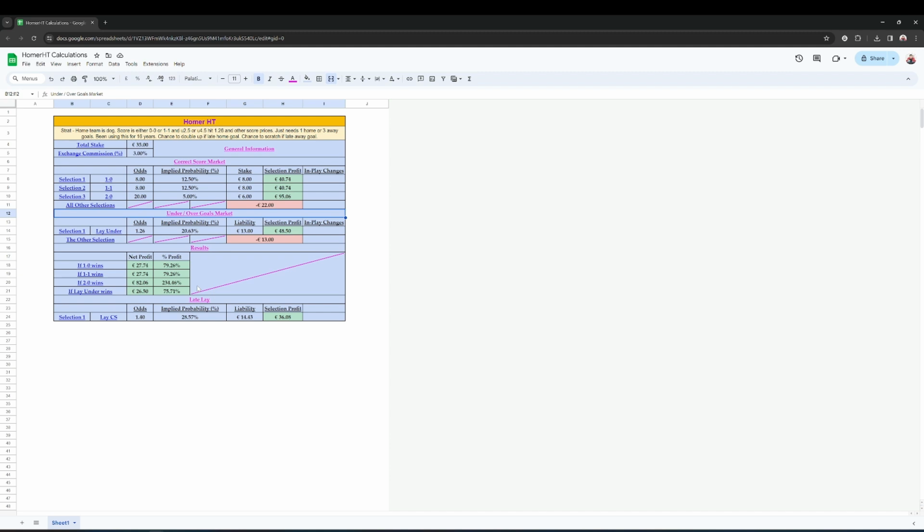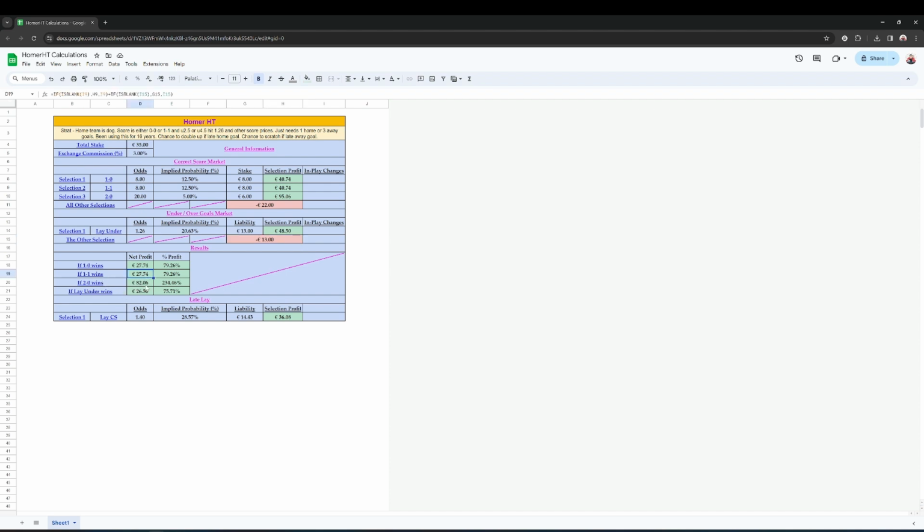And then if you look at the results, again, the commission is already taken into account. So if 1-0 wins, then it's 27.74 net, right? Why is it? Because it's 40.74 on the correct score market, and then you would lose 13, yeah? So that's 27.74.